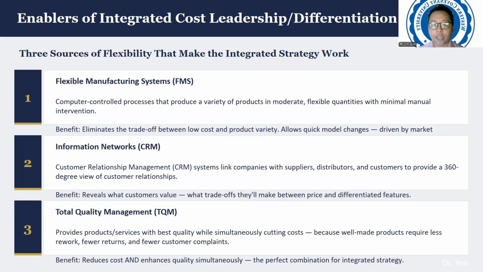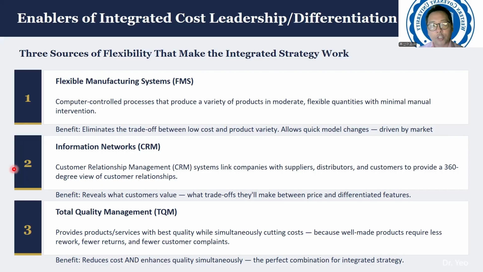This means they can respond to market demand in real time, phasing in new models as customers want them. So that's the Ford and Changan example. The collaboration between Ford and a Chinese company is a great example of achieving that.